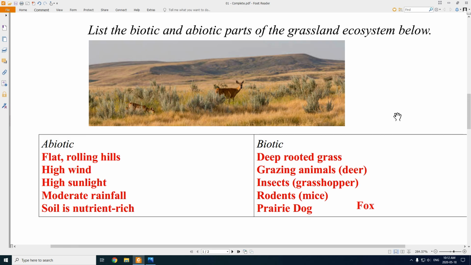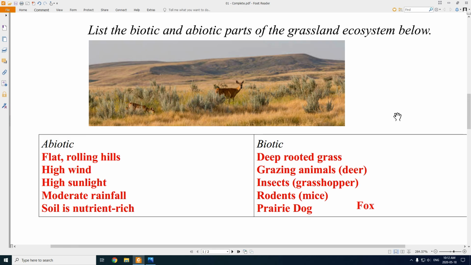So this is just one example of an ecosystem, right? But you can think of many other ones. You could look at a rainforest, a tropical rainforest, and try and describe the abiotic and biotic things there. Or you could look at a desert. Or you could look at the Arctic.